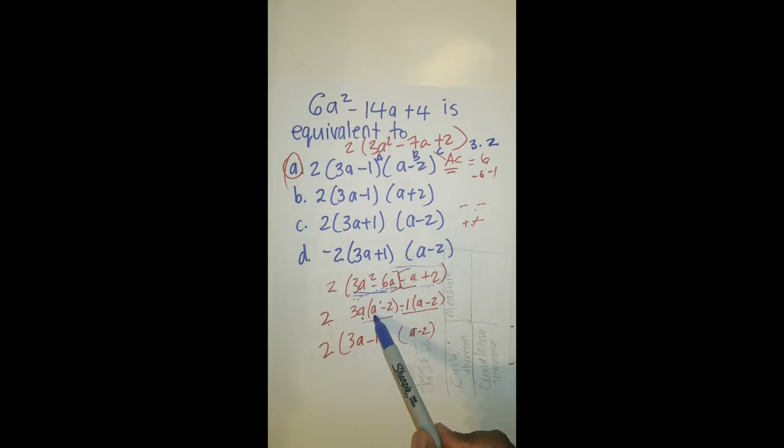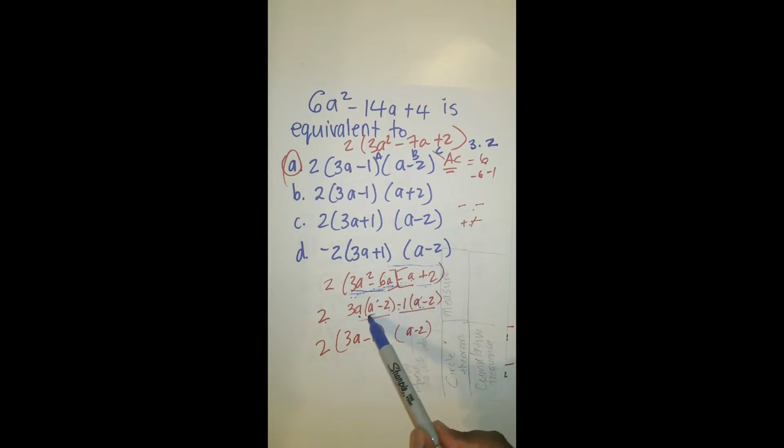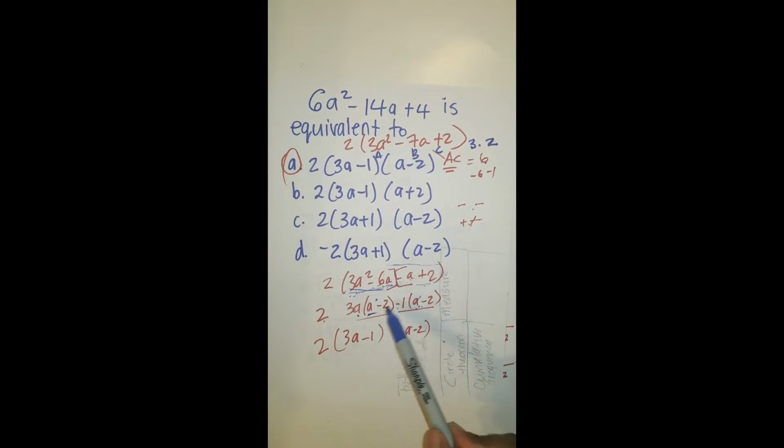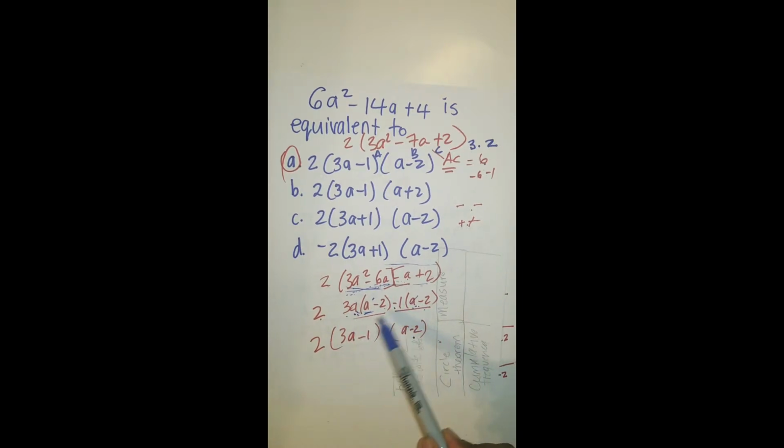So right here, I'm going to take out the negative 1 to give me a positive a minus 2. And then between these 2 terms now, we factorize a second time. So between this and this, a minus 2 is common. We take it out, and we're left with 3a minus 1. And the 2 is left.